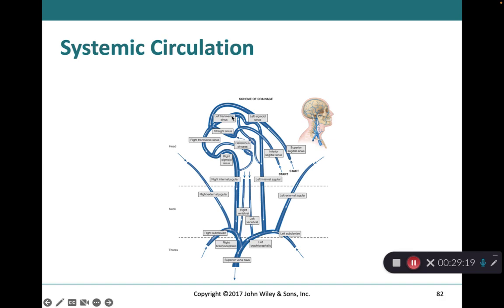Okay, so we have the transverse sinus, the sigmoid sinus, straight sinus here, right transverse sinus, cavernous sinuses, and these all kind of drain into this sigmoid sinus, into the internal jugular, which is going to now be in the neck area.